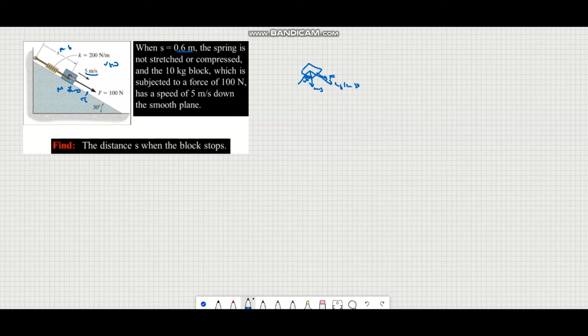We just need to add this force because the mass is going down with gravity as well.